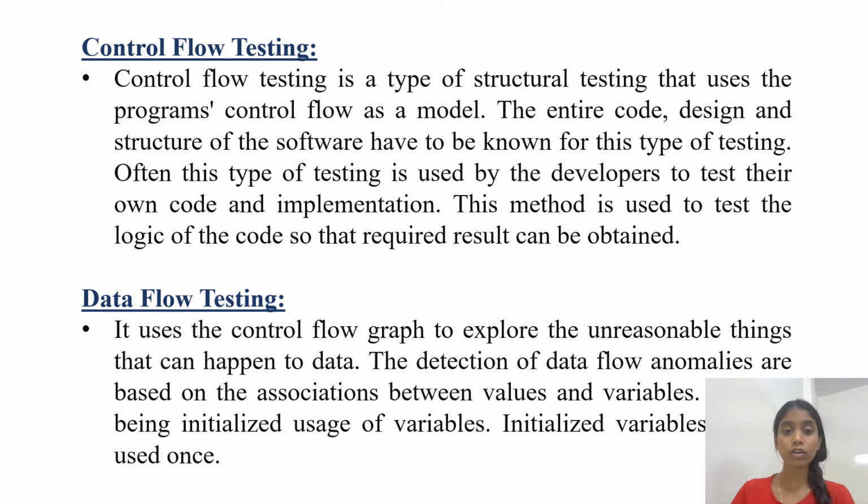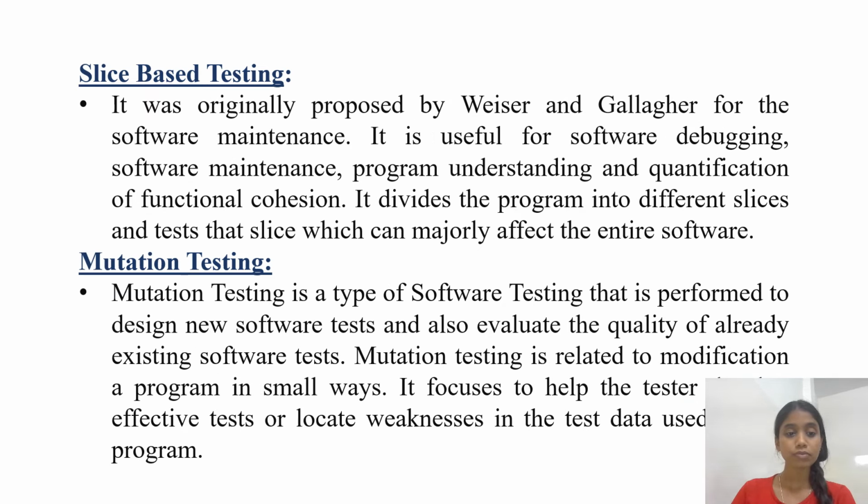Initialized variables must be used once whenever they have been defined. So whenever we do not want a variable, we shouldn't define anything. And if we define any variable, we need to use it at least once in our program in order to effectively use the data flow.